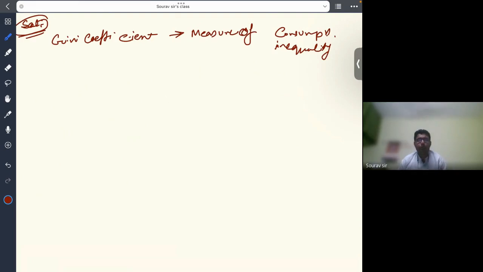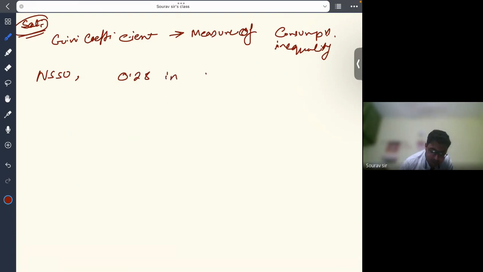According to the data from the National Sample Survey Organization, that's NSSO, the Gini coefficient for consumption expenditure in rural India increased from 0.28 in 1994 to 0.33 in 2011.